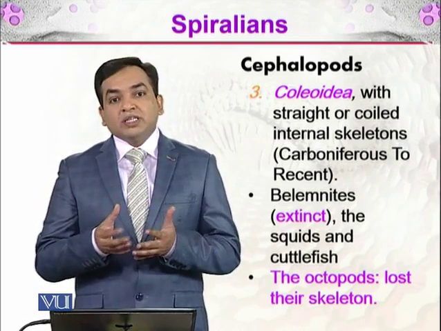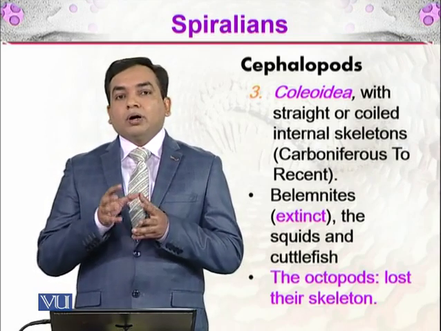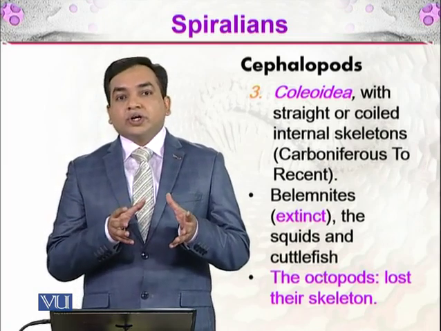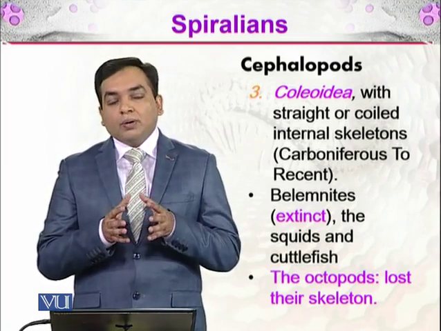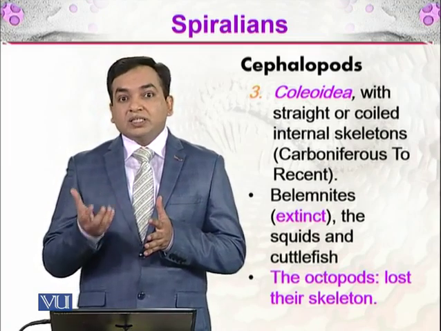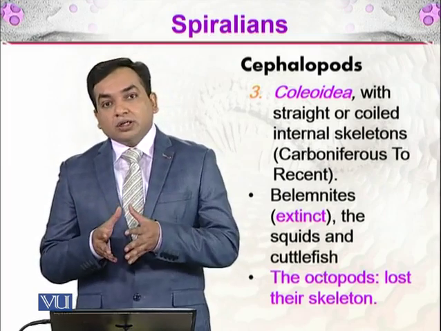Octo means eight and pod means foot, so their feet have become tentacles. In Urdu, the octopus is called hasht pa. Hasht means eight, pa means foot, so it has eight feet.